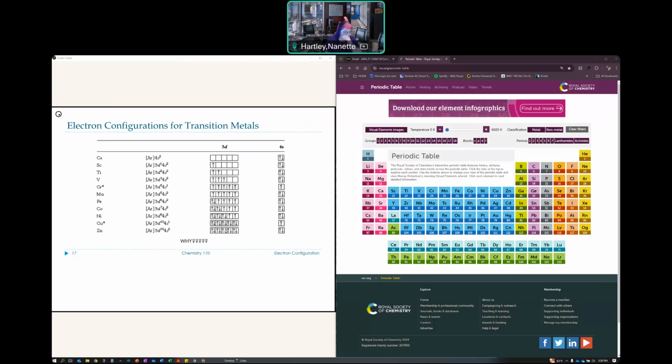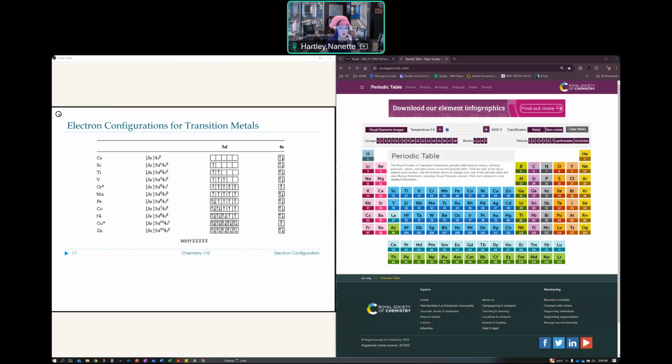And that's what I want you to understand. Now remember, what did I say? We get additional stability when it's half full or when it's completely full. So if I get to this point and I need to put in one more electron, it would either be 4 across, which is okay, and completely full, or I can put 1 in here to be that 4th one and take 1 out of here, and then both of them are half full.